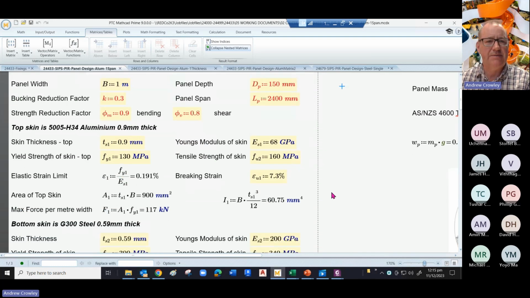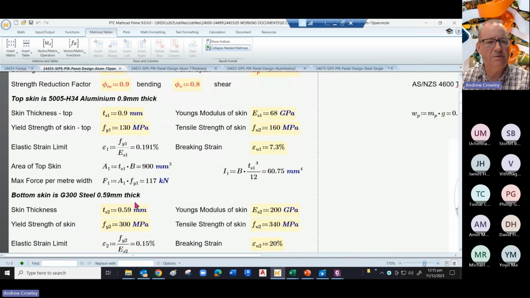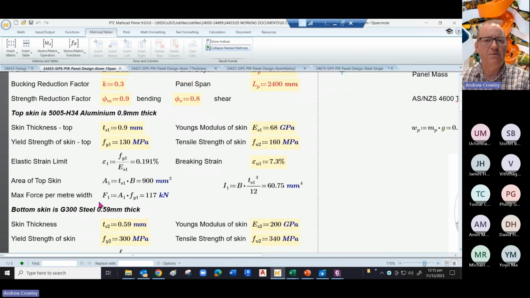The bottom skin is the usual 0.59 millimeter thick grade 300 steel. And this is a bit of an experiment as to see what capacity you can get. The ongoing mentality that drove the idea of having an aluminium top skin was for corrosion and durability. Unfortunately, they selected quite a weak aluminium.